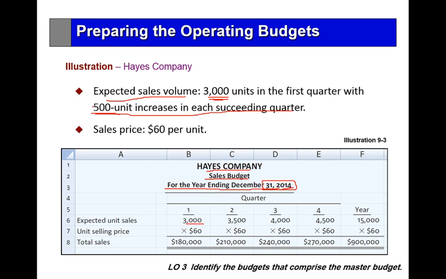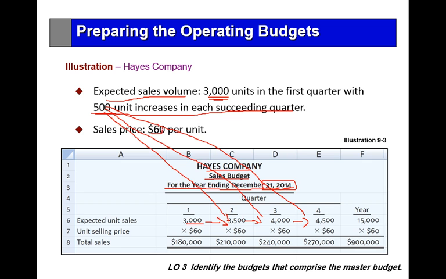Here, 3,000 plus 500, we have 3,500, and then plus 500, we have 4,000, and 4,000 plus 500, we have 4,500. Total sales for the year is 3,000 plus 3,500 plus 4,000 plus 4,500, which gives 15,000 units.